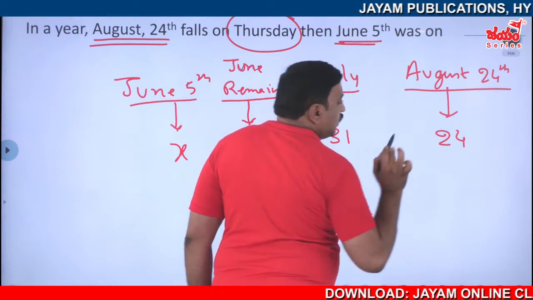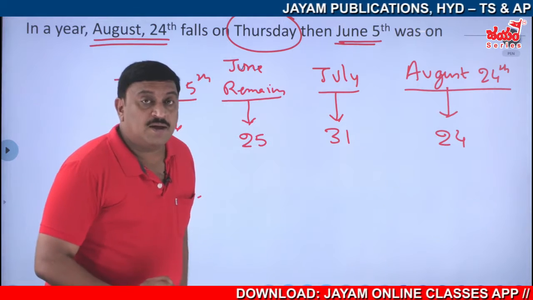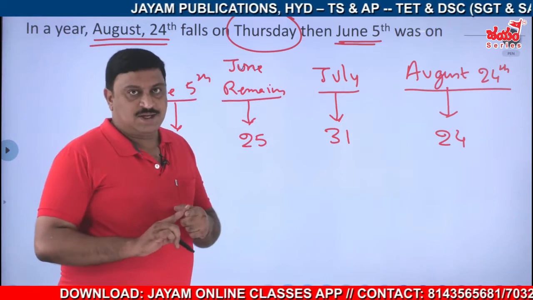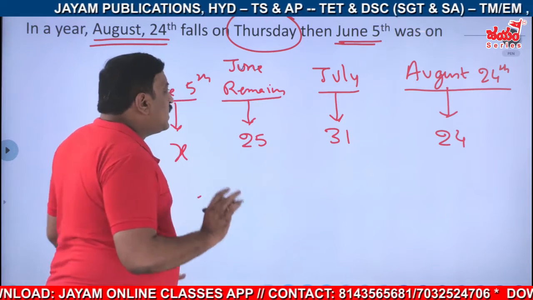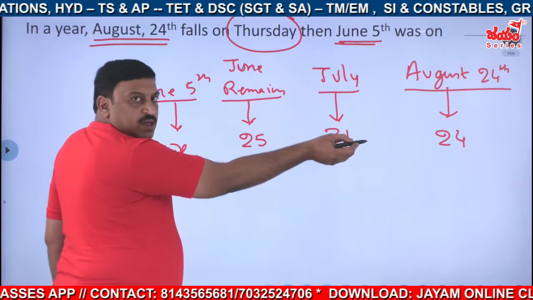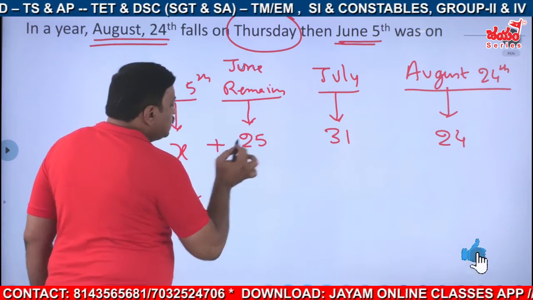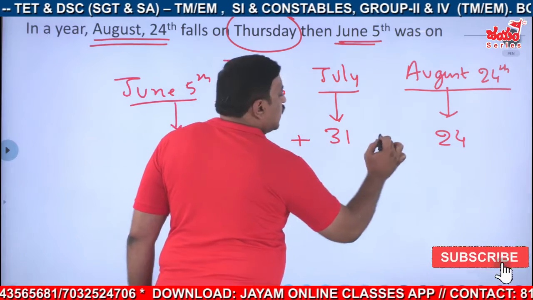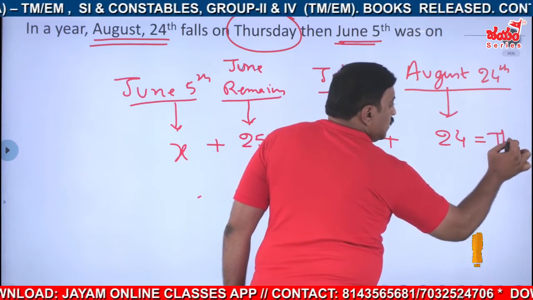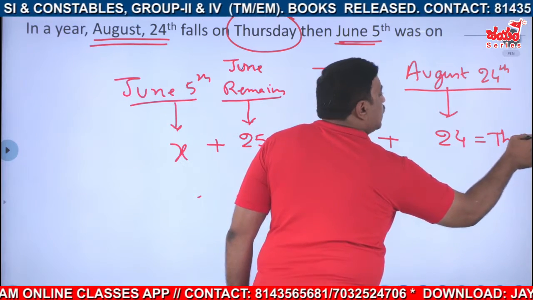August 24th is already given, that is Thursday. So if I add all these, I should get Thursday. So, X plus 25 plus 31 plus 24 is equal to Thursday. Put it as it is.